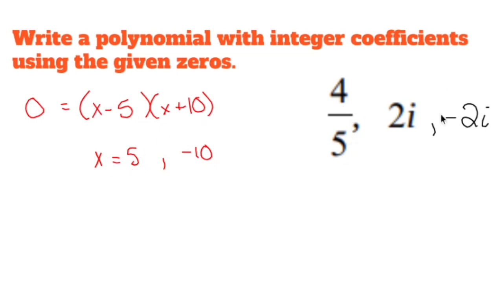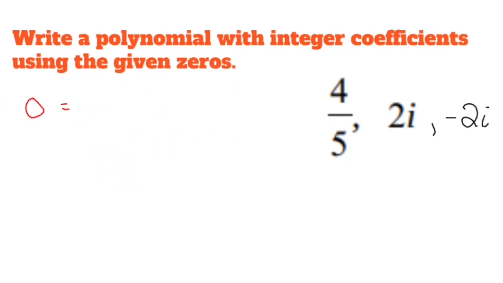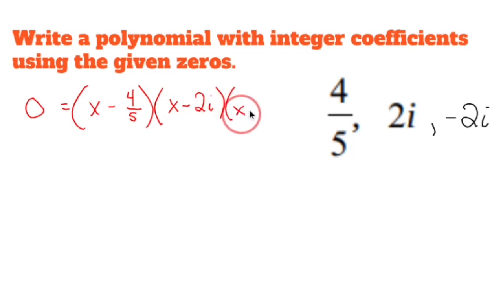Now I have the roots, so I should be able to throw opposite symbols in front of these and put them in parentheses to get a similar idea. So I'm going to write out x minus 4/5, x minus 2i, and x plus 2i.